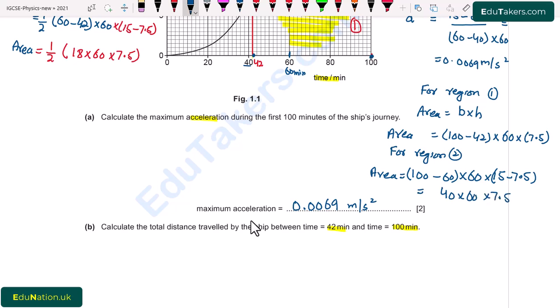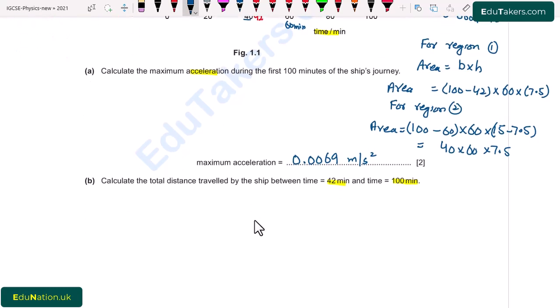So in order to calculate the total distance traveled between this time, we just add all of these areas. So I write here total distance will be equal to area of region 1 plus area of region 2 plus area of region 3.